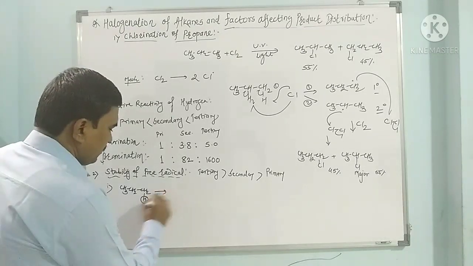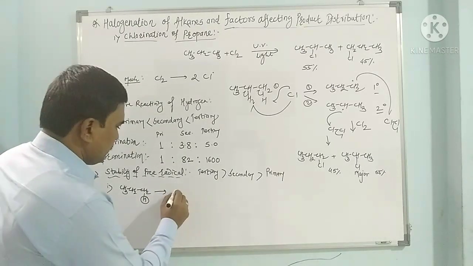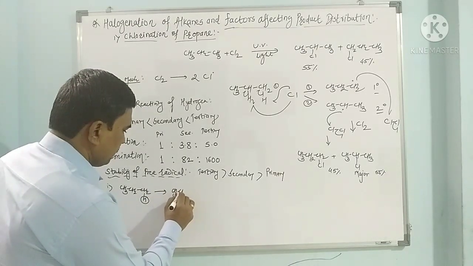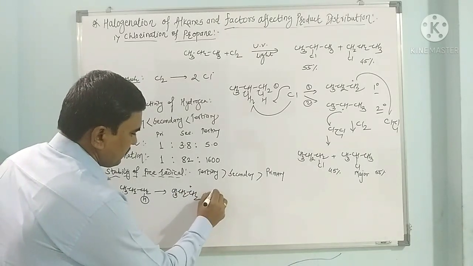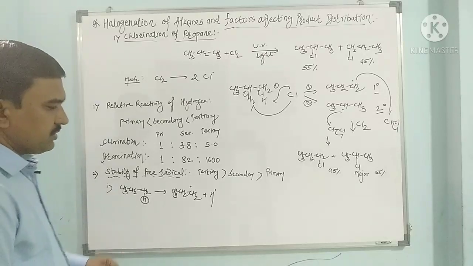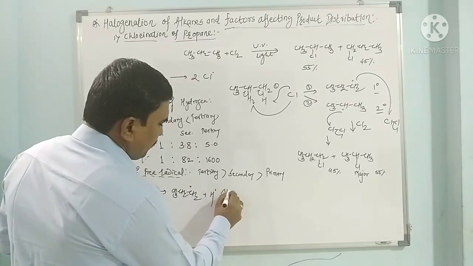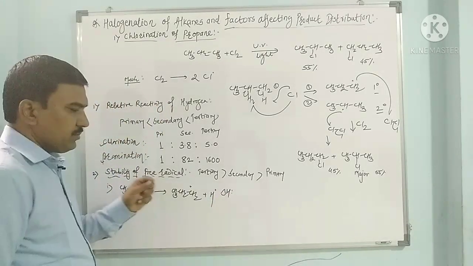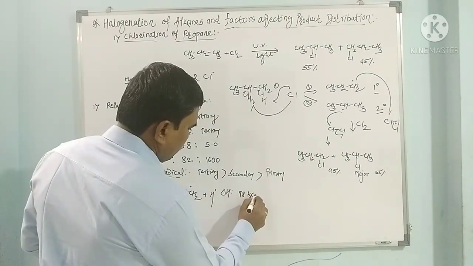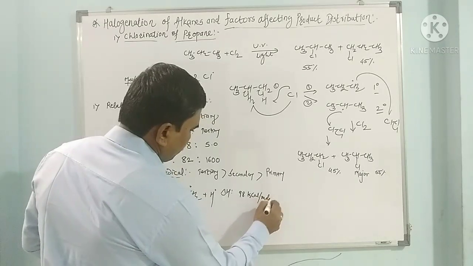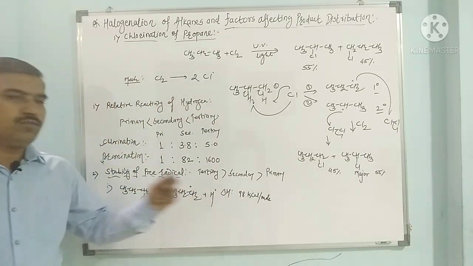When this is lost during the halogenation, we get CH3CH2CH2 radical plus this hydrogen radical. Its enthalpy of reaction is plus 98 kilocalories per mole.